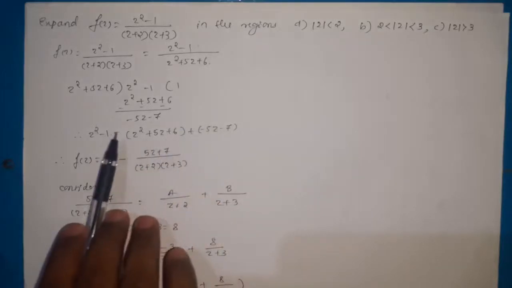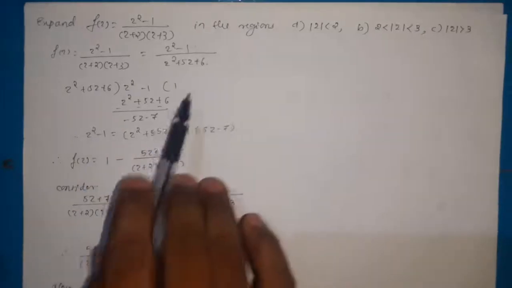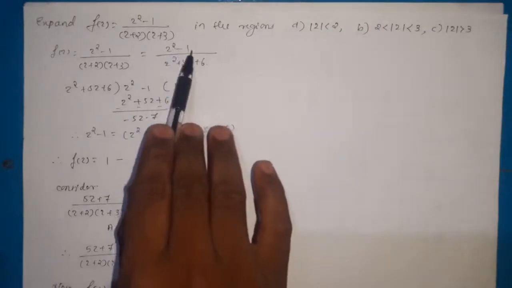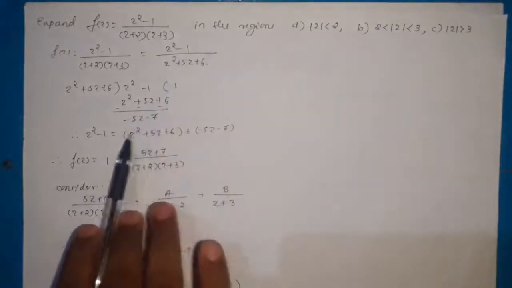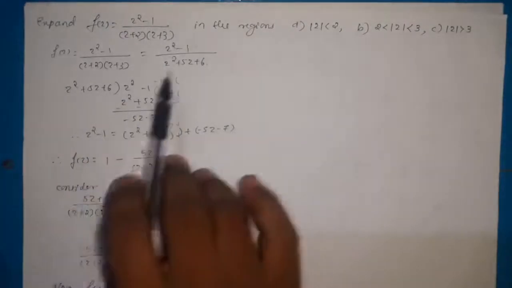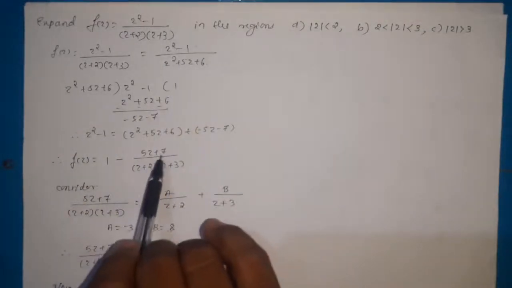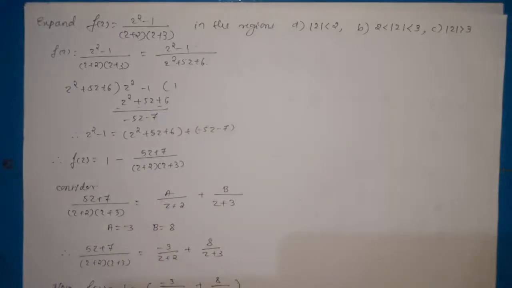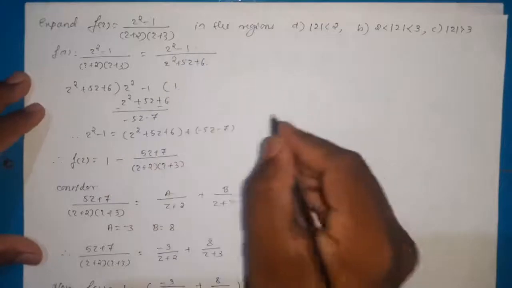So therefore now substitute this in f of z. Then f of z becomes 1 minus (5z plus 7) divided by (z plus 2) into (z plus 3), because z square minus 1 is equal to this.